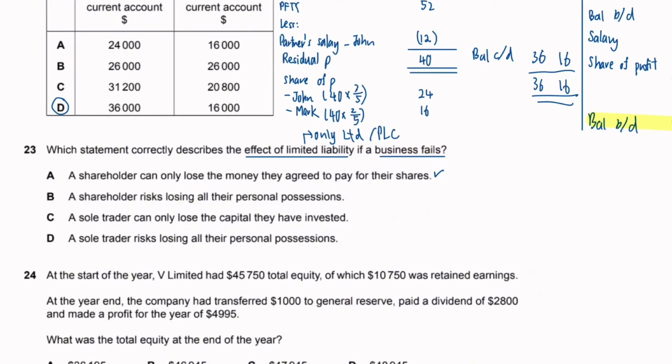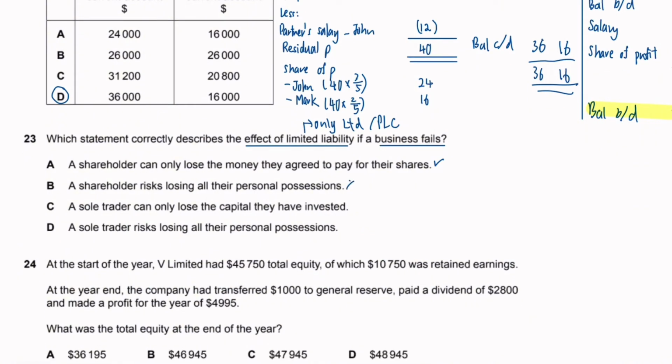B, a shareholder risks losing all their personal possessions. No, this is sole trader. Okay. C, a sole trader can only lose the capital they have invested. No, this one is for shareholder. Okay, so be aware of this. It's a bit tricky sometimes when you don't look properly.